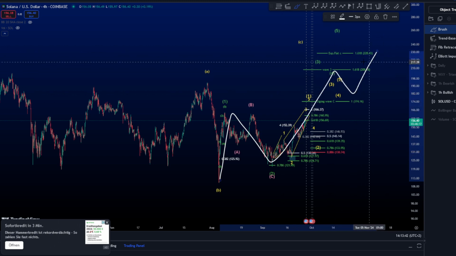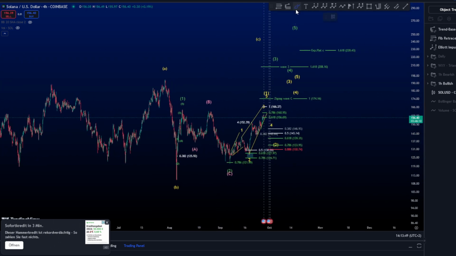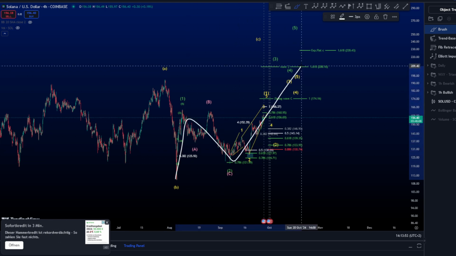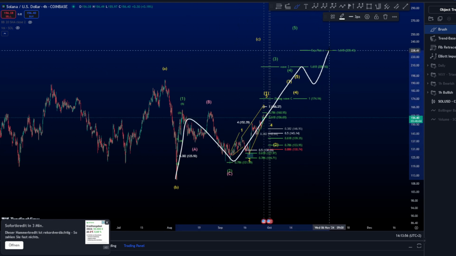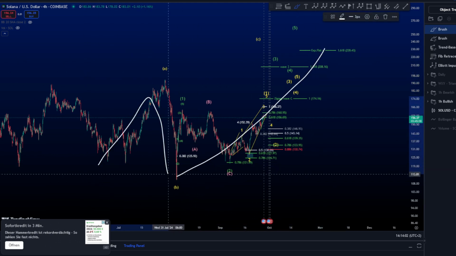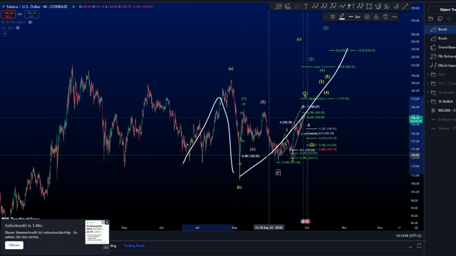In both scenarios it could be possible, because imagine we finish this impulse at wave 3, 4, and 5, and then it finishes exactly five waves for a wave C of an expanding flat. Very interesting price action here.